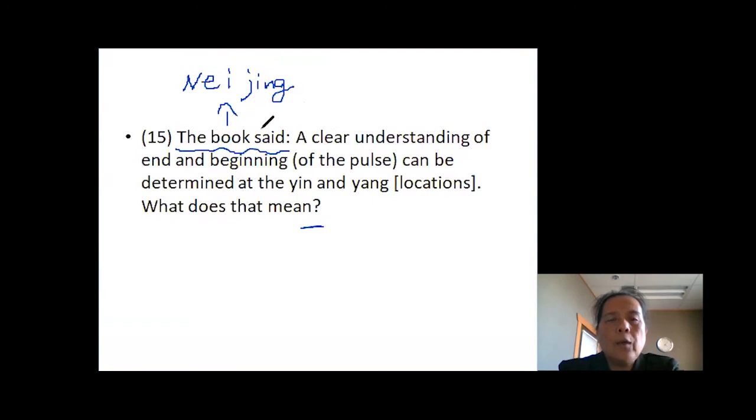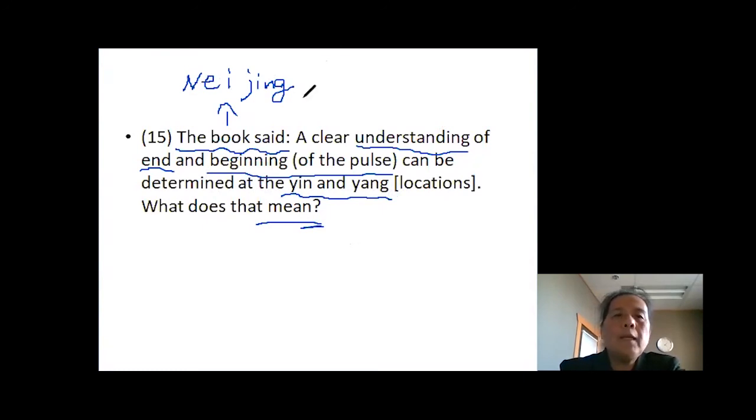In Huangdi Neijing it said: understanding the end and the beginning of the pulse, where the pulse comes from and where it goes, will make yin and yang clear. What does that mean? That's the question here, an explanation for Neijing, coming from Neijing.